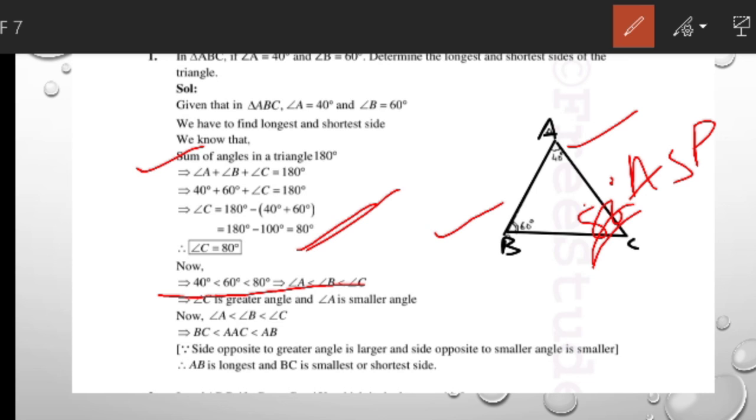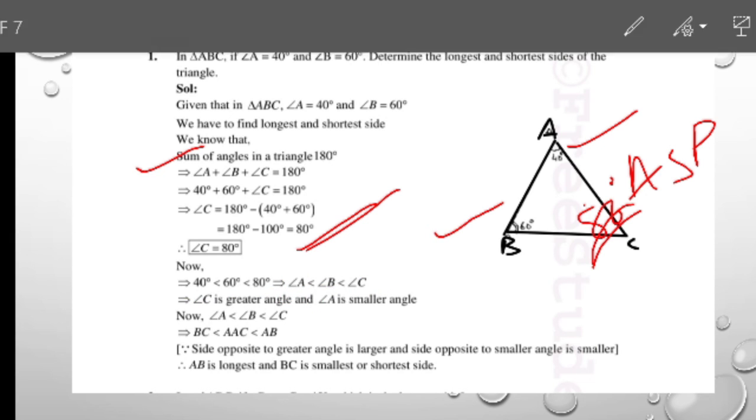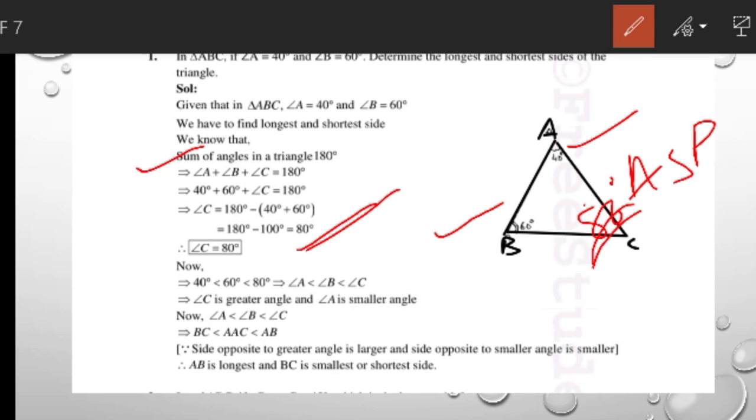First is angle A, 40, then angle B, and then angle C. So C is the largest, whereas A is the smallest.